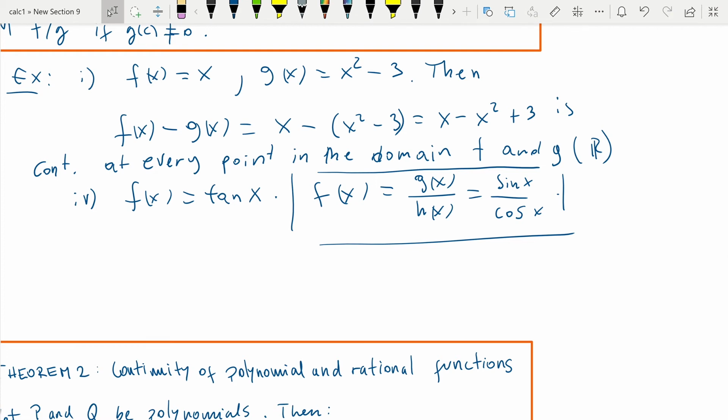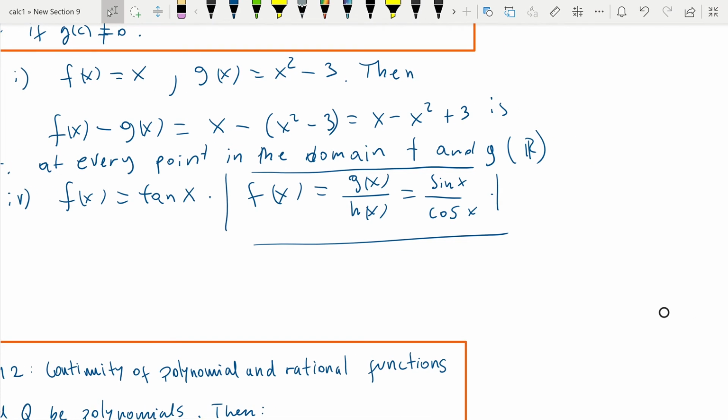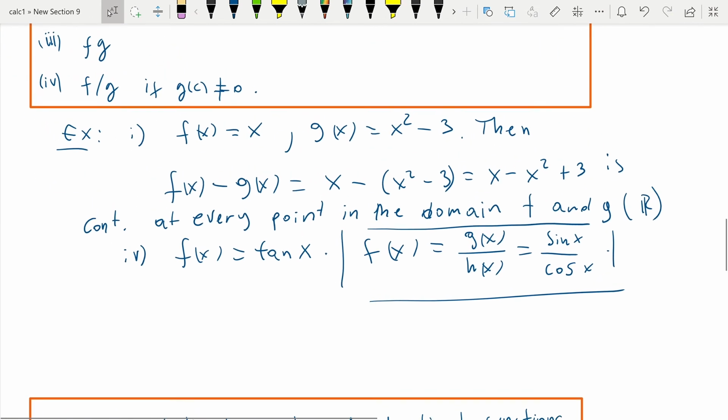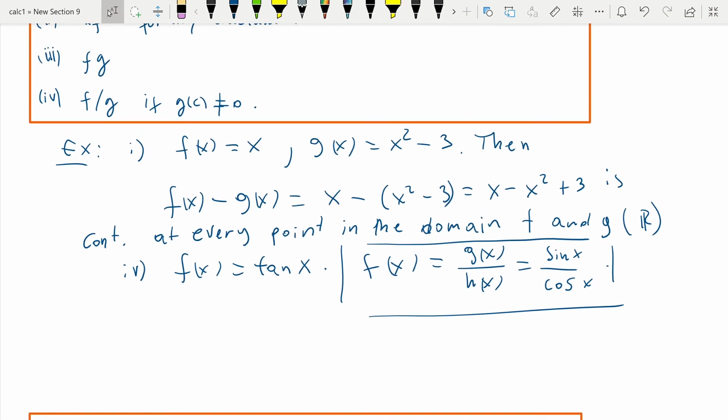So this quotient will be continuous at every point. The sine and cosine are continuous everywhere, but the quotient is continuous at every point except at the points where cosine becomes 0.